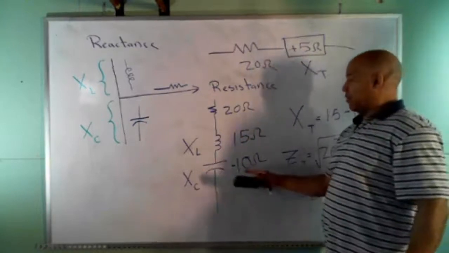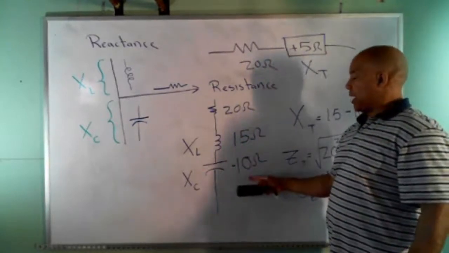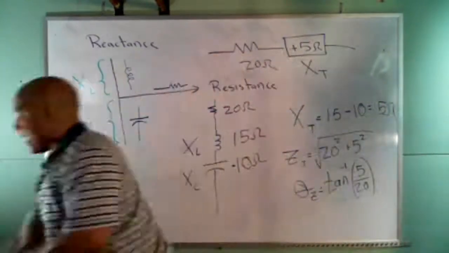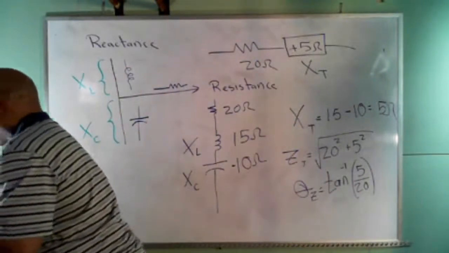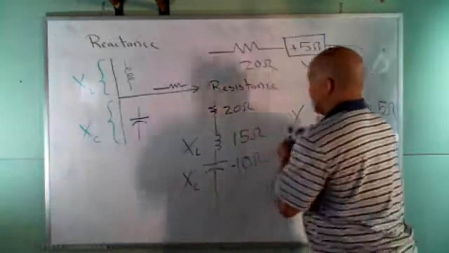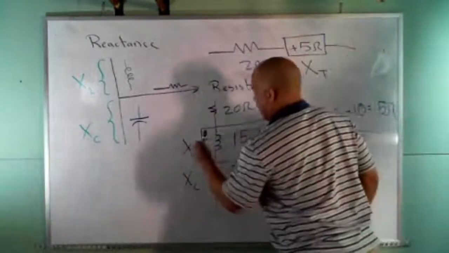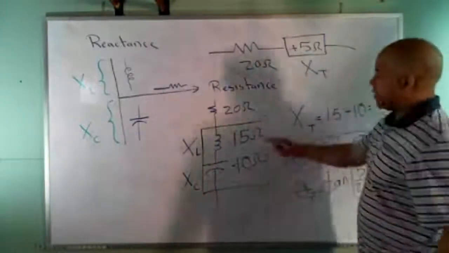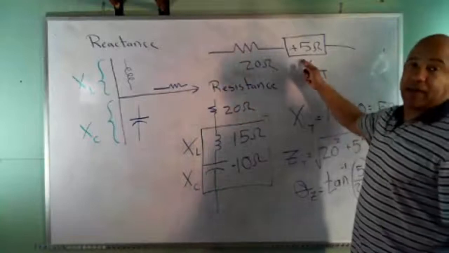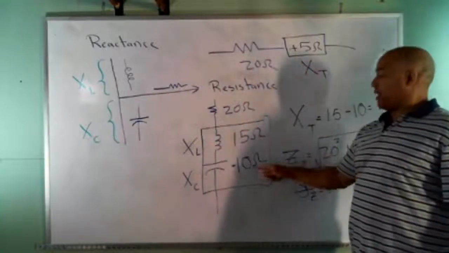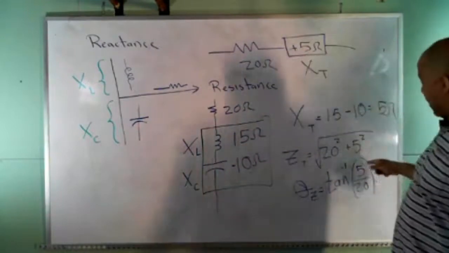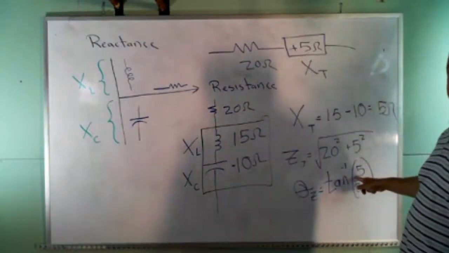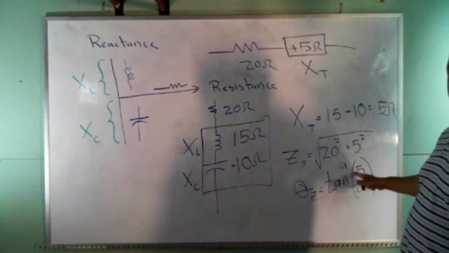Here, my inductor value was bigger than my capacitor value. So when I combine those reactive ohms, this box represents this box right here. So when I get a total X, my total X in there is a positive 5. If I have reversed these and made this 15 and made that 10, then that would be negative, and then you got to worry about that negative being here again. Impedance cycle. Okay.